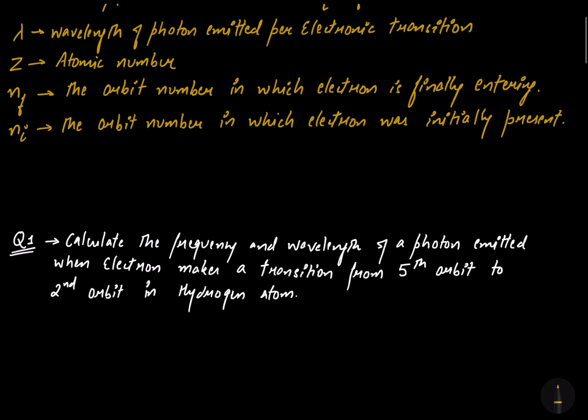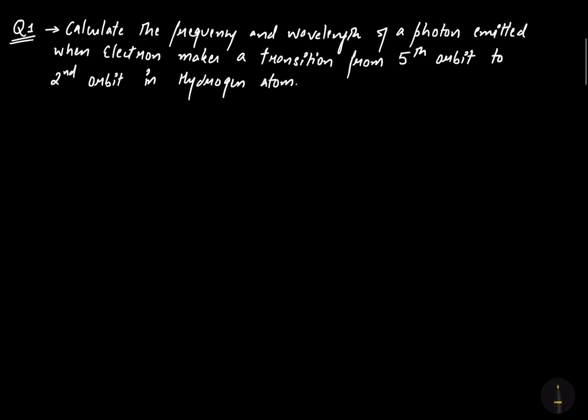So let us come to the first numerical. The first numerical is asking, calculate the frequency and the wavelength of a photon emitted when an electron makes a transition from fifth orbit to second orbit. Here the electron is initially present in the fifth orbit, so my Ni comes out to be 5, and the electron is finally entering the second orbit, so Nf comes out to be 2. What I have to calculate over here?